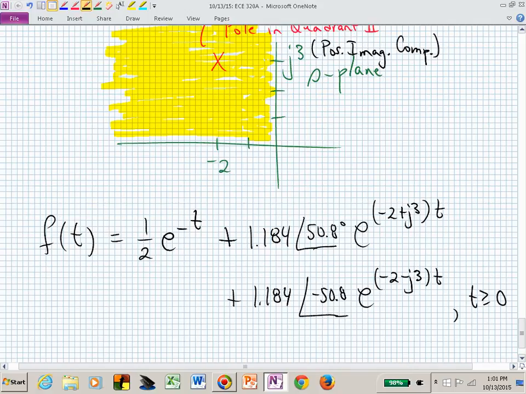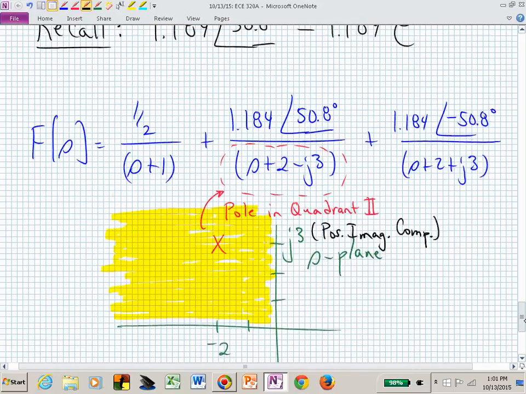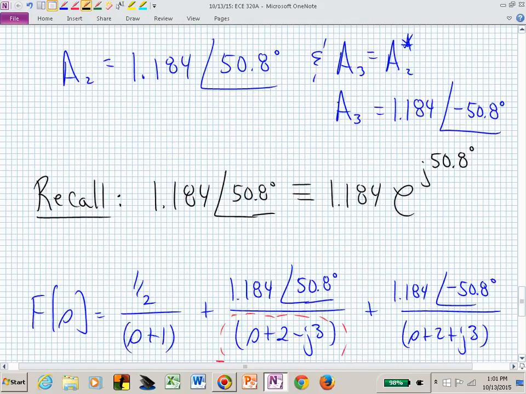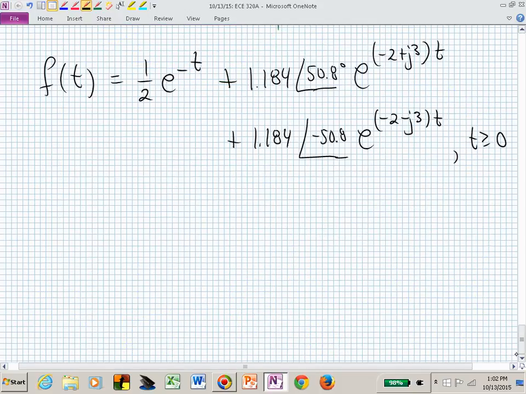I'll be upset if you stop here, because now you've got complex numbers in your answer, and I can't deal with that. I just can't deal with that, okay?